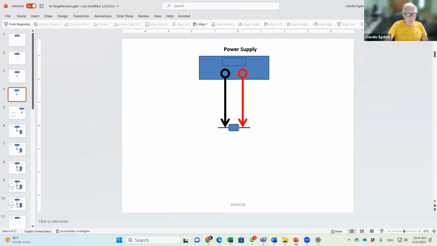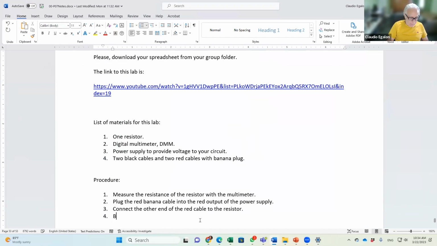Black cable, black banana cable. We call it black cable with banana termination, connected to the black plug of the power supply.